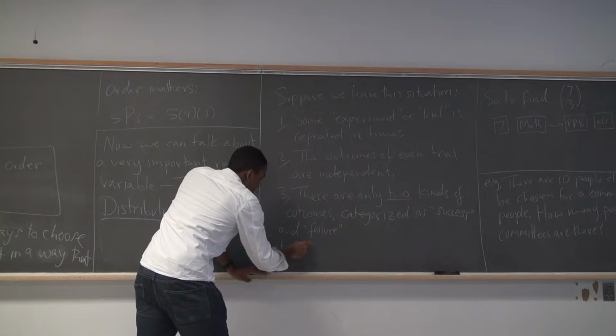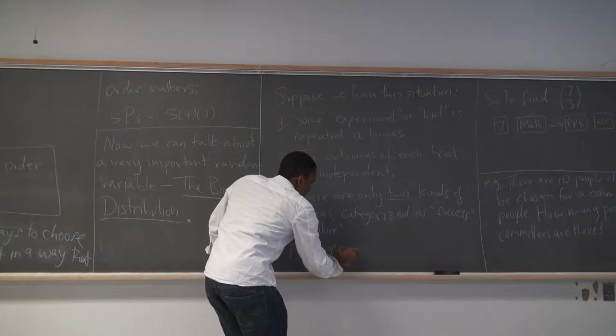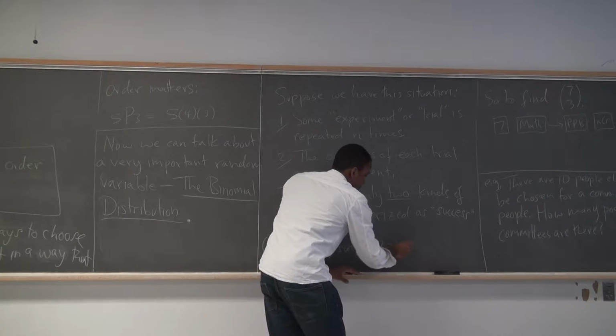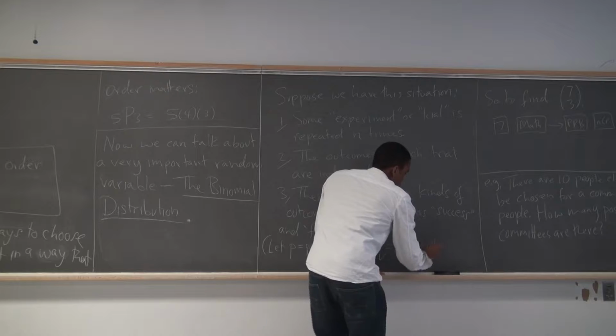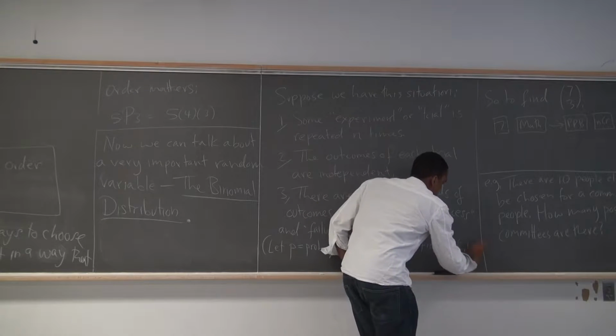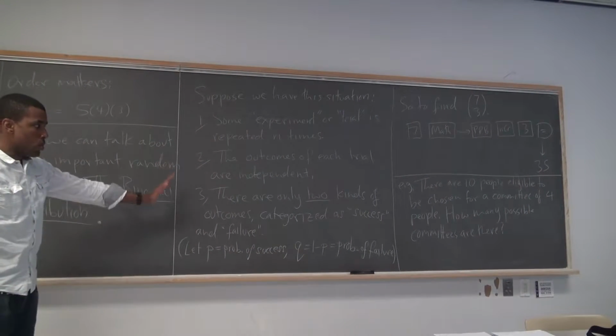Usual notation is let p be the probability of success happening, and q equals 1 minus p is the probability of failure happening. So only those three situations.